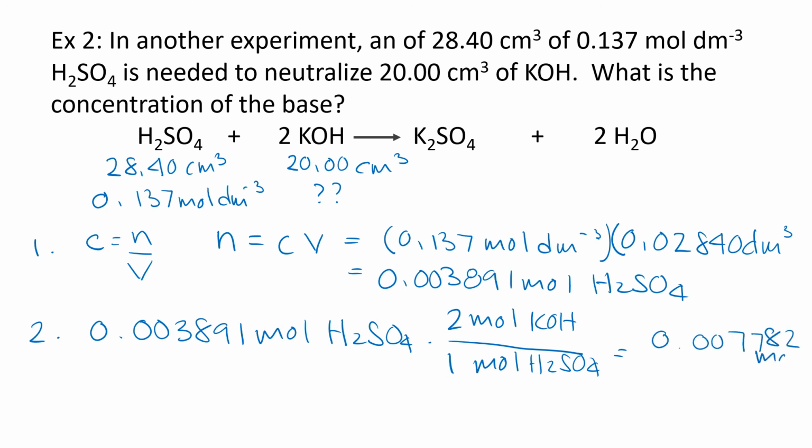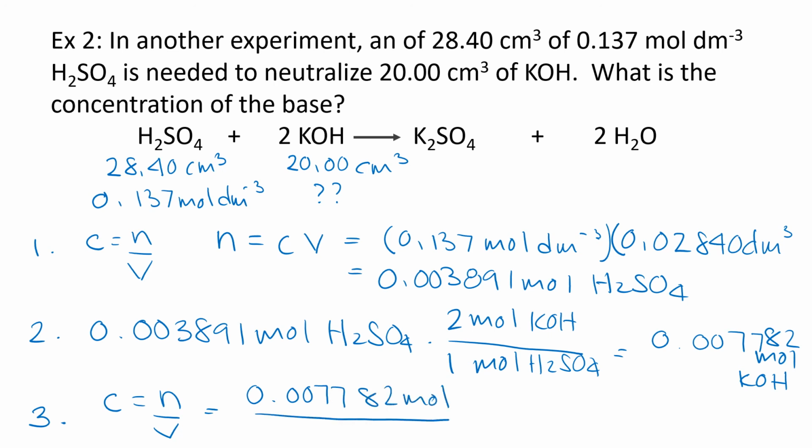And so that is equal to 0.007782 moles of KOH. And my final step, step 3, is to use C equals n over V to find the concentration for that KOH. So it's 0.007782 moles over our volume, which is the 20 cubic centimeters, so that is 0.02000 decimeters cubed.